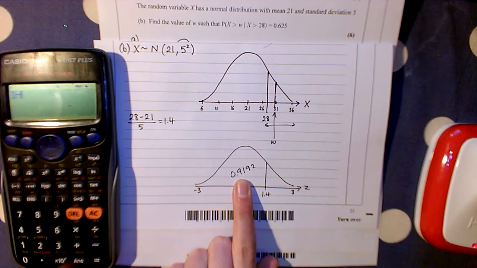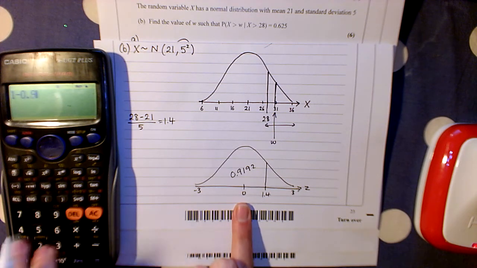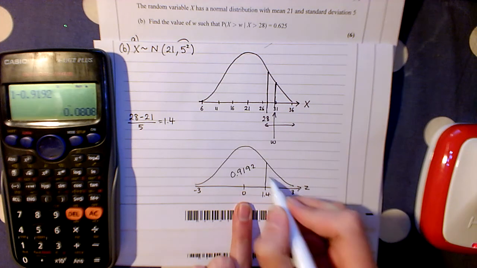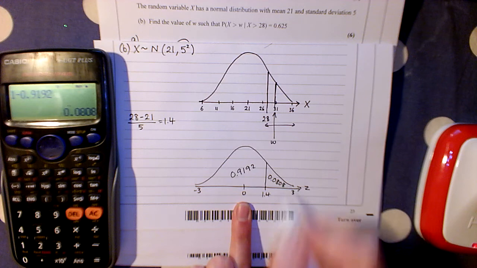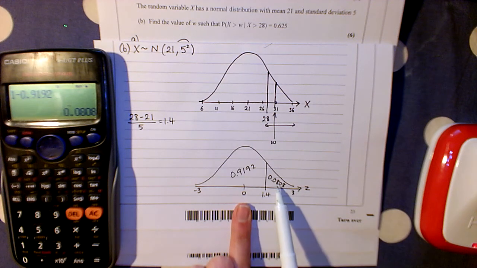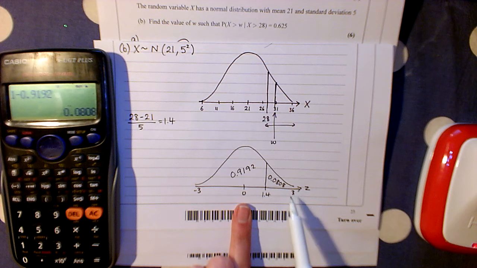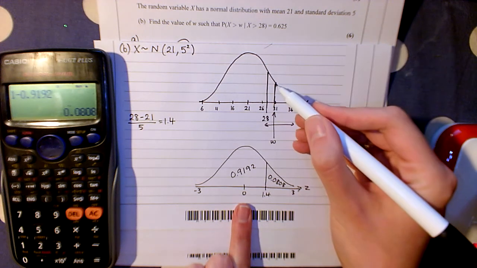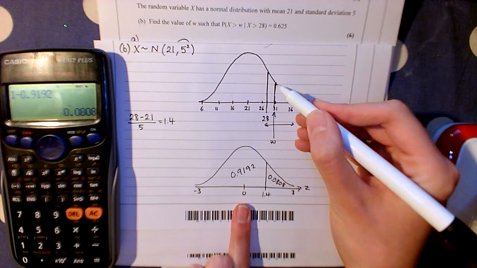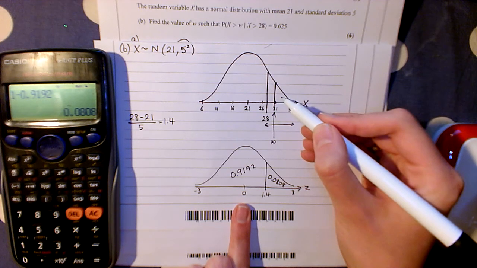So I can now do 1 take away 0.9192 to find out that this probability here is 0.0808. So there's actually only about 8% chance of being in this section. But we're interested in just this part.